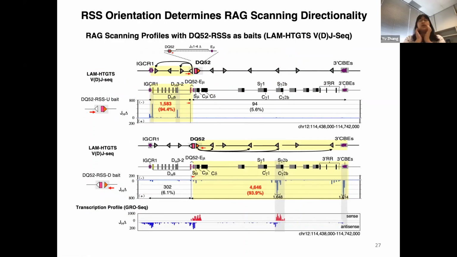We first looked at the off-target activity of this DJ domain. And interestingly, we found another interesting feature of RAG scanning, which is that the scanning directionality is determined by RSS orientation. Here we only show the bait RSS from DQ52 and the off-targets of this region, because we are focused on off-target activity now.